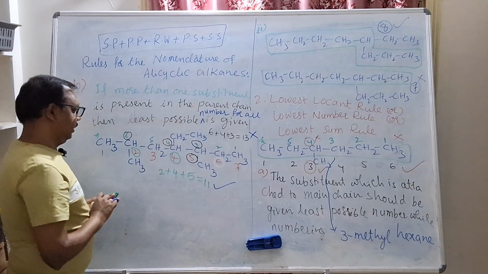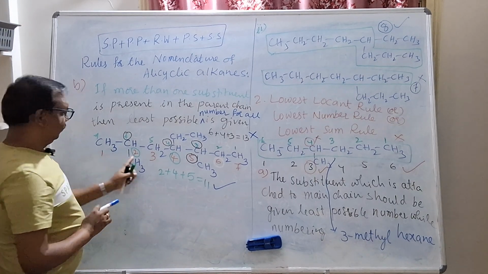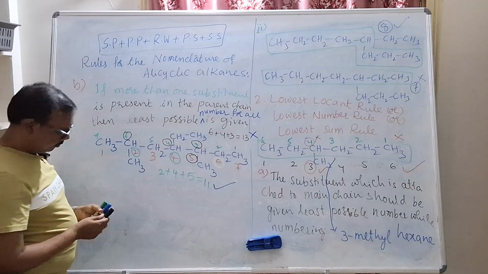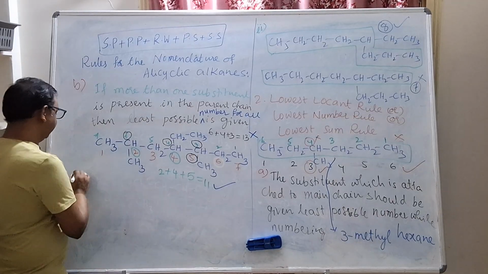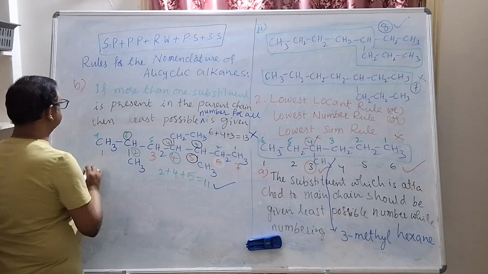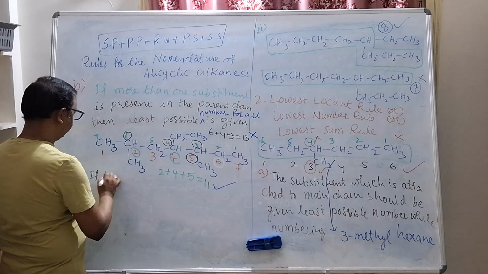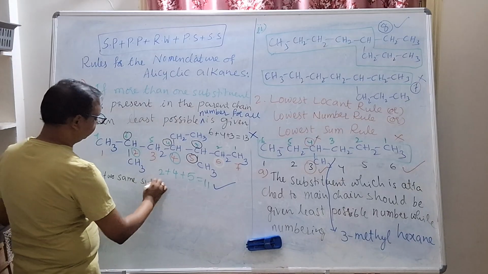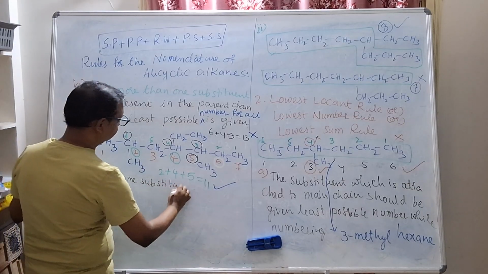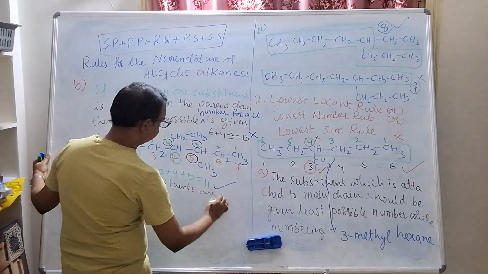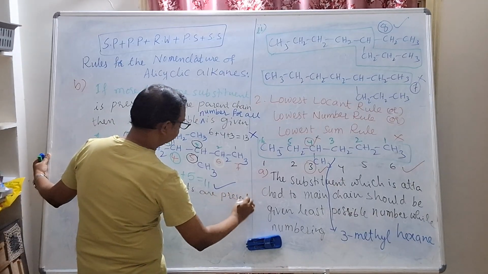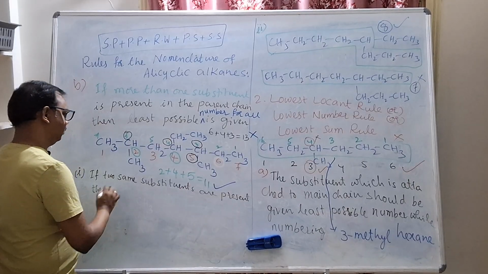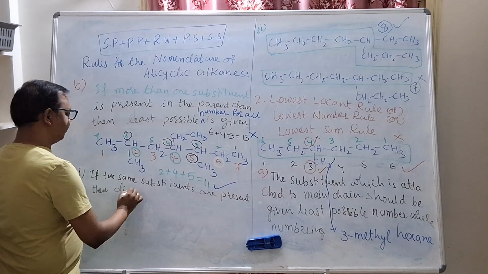Okay, third one. Here I am writing that if 2 same substituents are present, then di is added as a prefix.